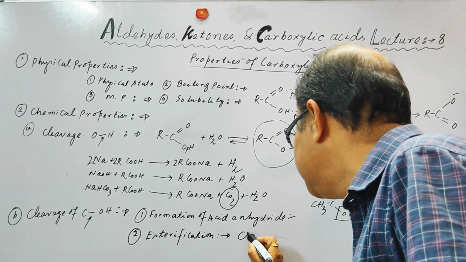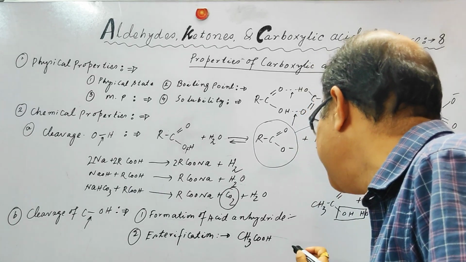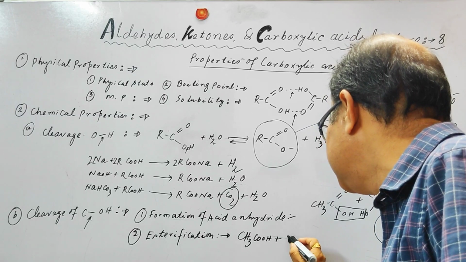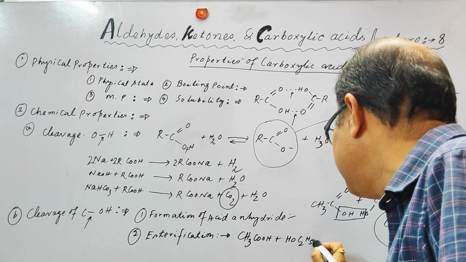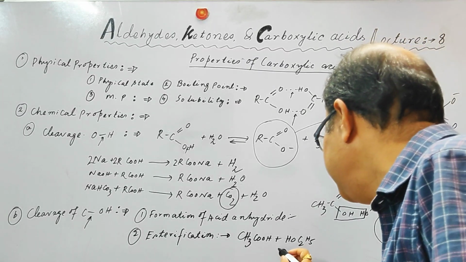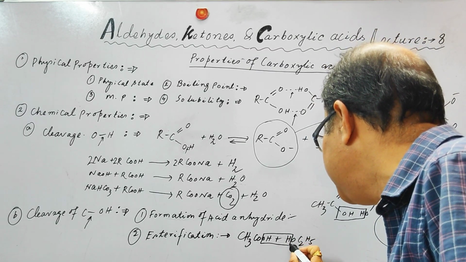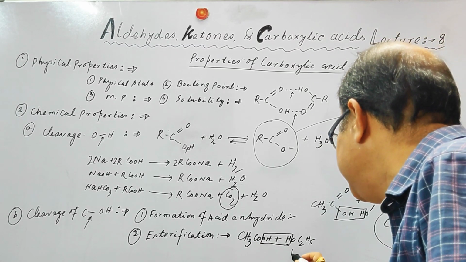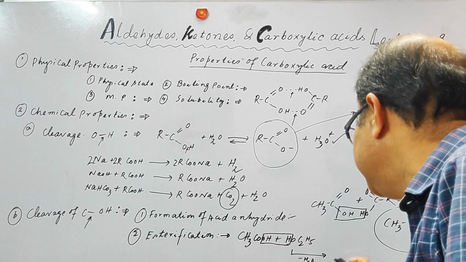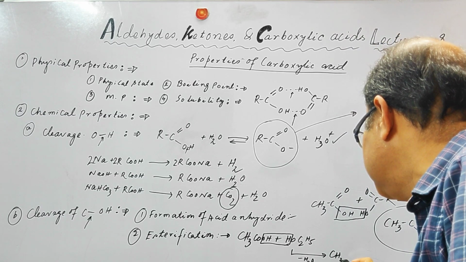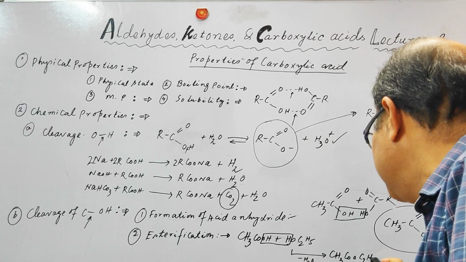As for example, this is acetic acid plus HOC2H5, ethyl alcohol, and it is going to produce CH3COOC2H5, minus one molecule of H2O, which has been eliminated.